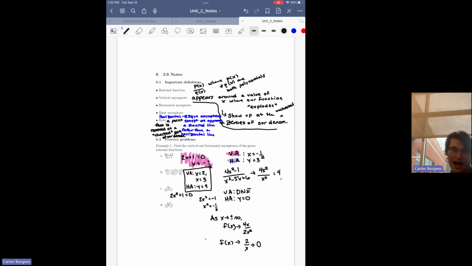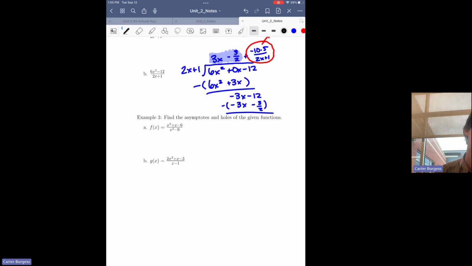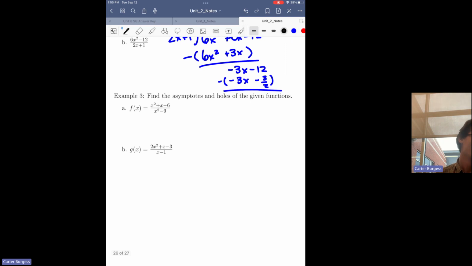Okay, let's take a look at a couple examples here, and then hopefully it'll make a little bit more sense. So example 3, trying to do everything at once with our rational functions. We are trying to find the asymptotes. These could be slant asymptotes, they could be horizontal, they could be vertical. Who knows? We are also trying to find the holes of our particular equation here.